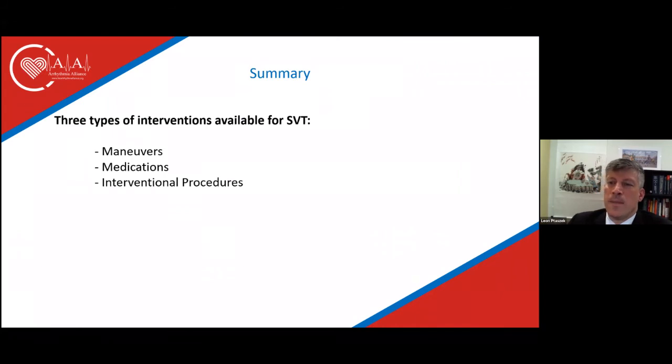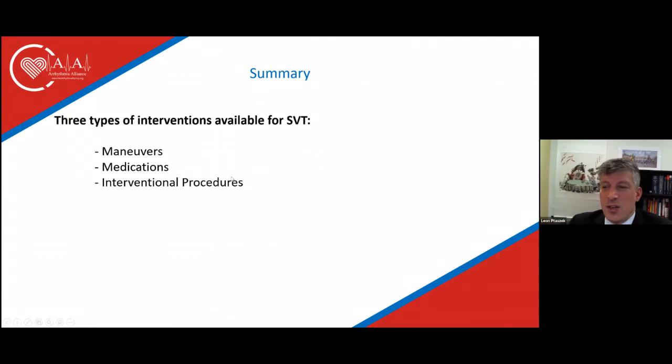So in summary, I think there are three broad categories of interventions that are available for supraventricular tachycardias that I want you to be aware of. These include the maneuvers like bearing down, splashing water on the face, etc. Medications, including the pill and pocket medications or even daily medications, or even additional medications that could be administered either orally or by vein in a hospital setting.